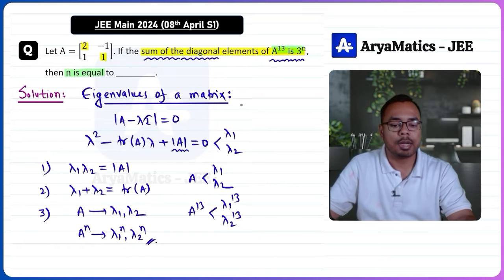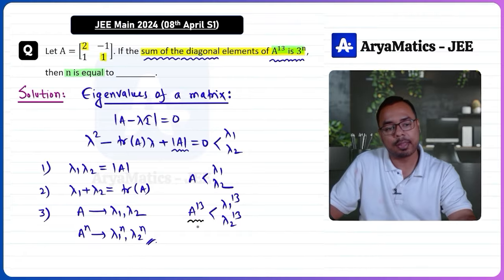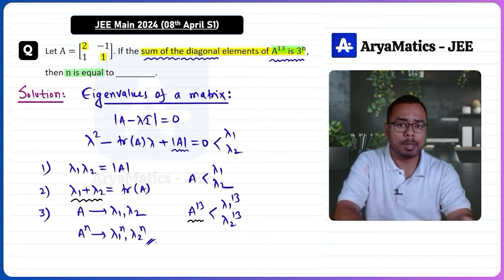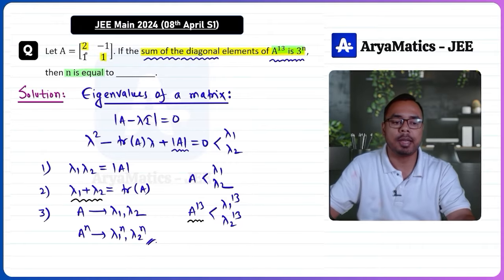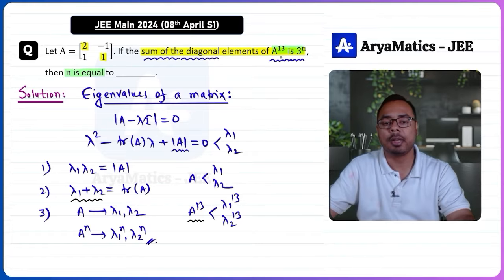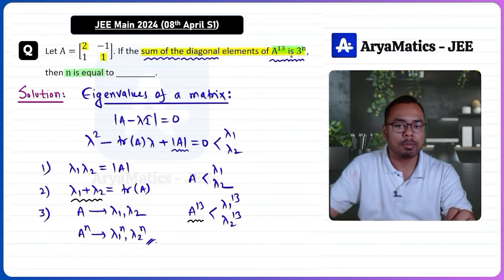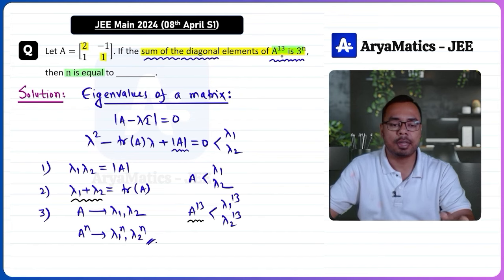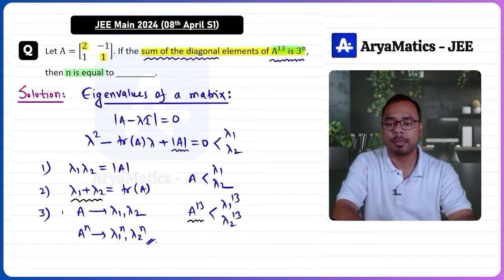And then the trace of matrix A raised to 13 will be nothing but the sum of the eigenvalues, that means lambda 1 raised to 13 plus lambda 2 raised to 13. So that will be the sequence of steps. First find the eigenvalues of matrix A. From there find the eigenvalues of A raised to 13. And then the trace of matrix A raised to 13 is nothing but the sum of eigenvalues.